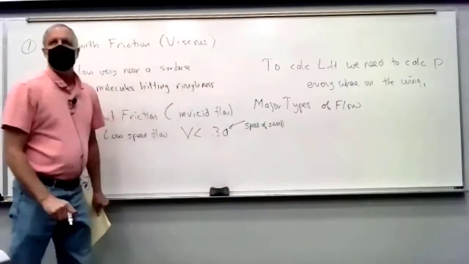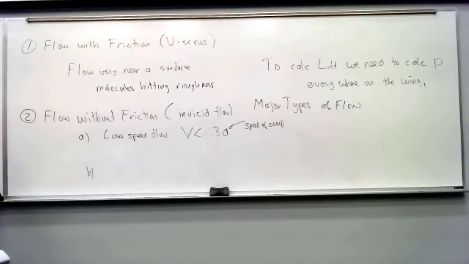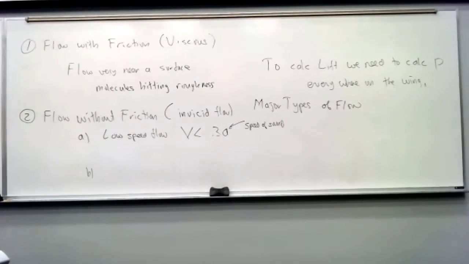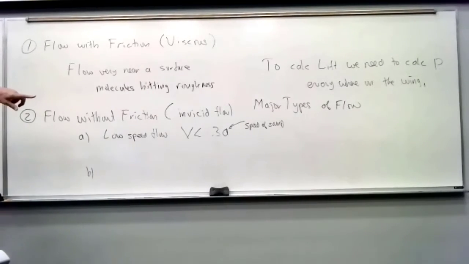And you say, why does sound matter? It's because pressure changes as the flow goes through, or what pressure waves or sound waves are. Sound waves are pressure waves, so sound waves are changes in pressure. So it makes sense then that if we have low speed flow, it's low relative to these sound waves that move as pressure waves.